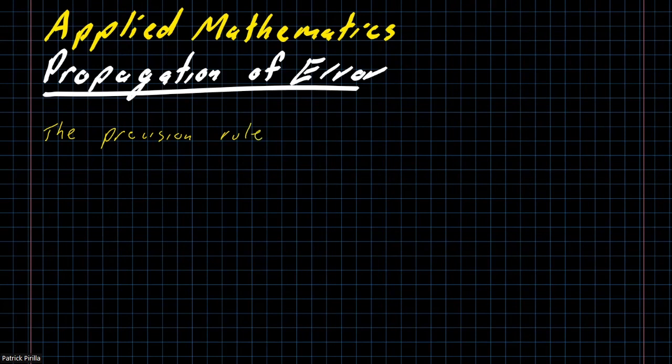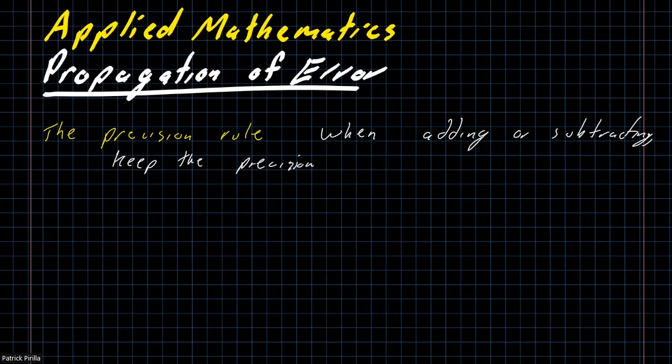The precision rule tells us that when adding or subtracting, keep the precision of the least precise measurement.